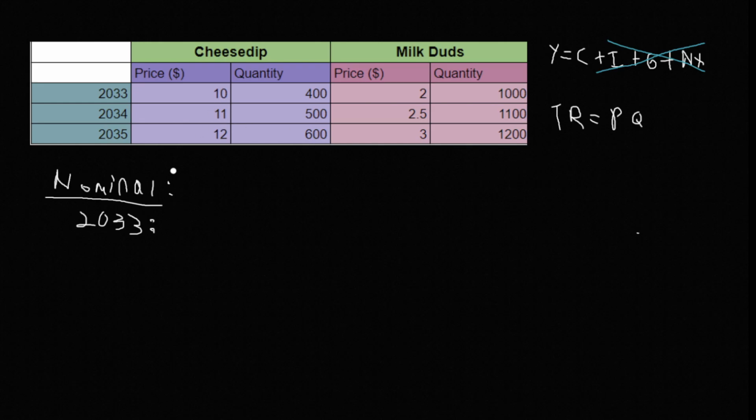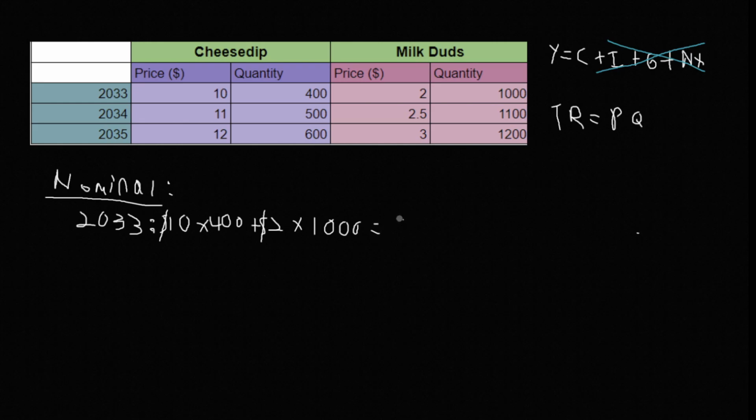So we have $10 times 400 for the cheese dip, and then $2 times 1,000 for the milk duds.